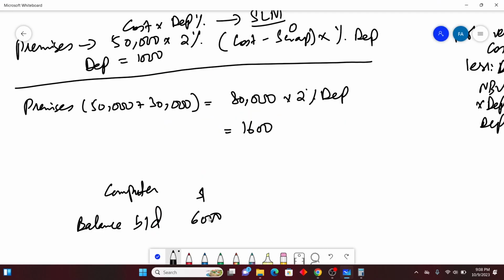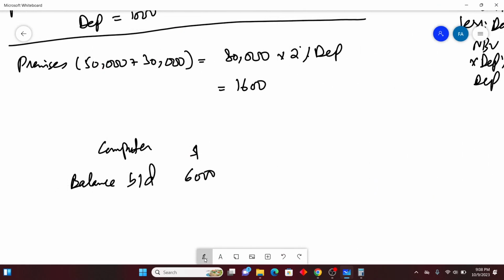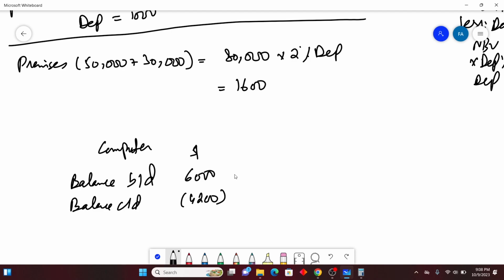I write down 6,000. And at the end of the year, this becomes the balance CD, which is 4,200. If I did not purchase or sell anything, the difference would only be the depreciation, which is 1,800 if I'm not wrong.